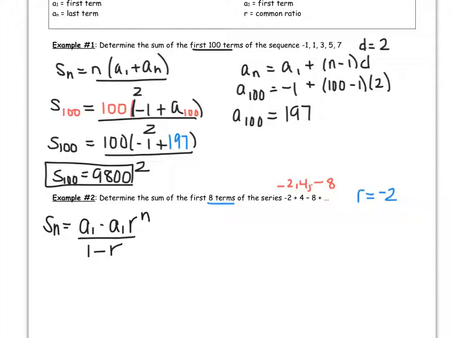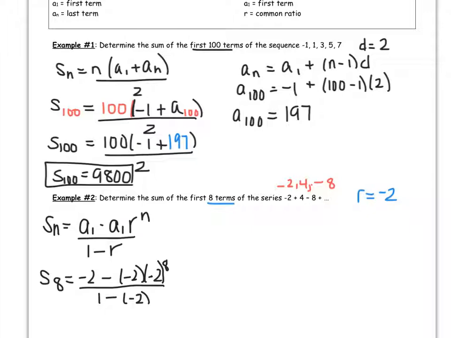Okay, so I want to find the sum, S sub 8, the sum of the first 8 terms. My first term is -2 minus -2 times r, which is negative 2, to the n power, which is 8, all over 1 minus r, which is negative 2.